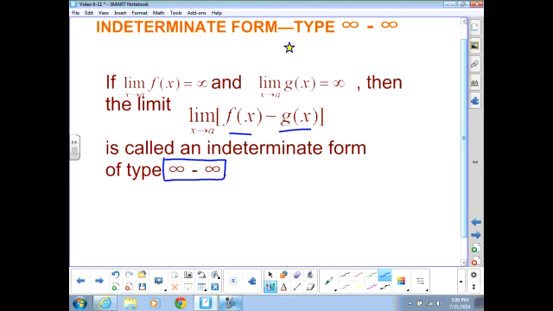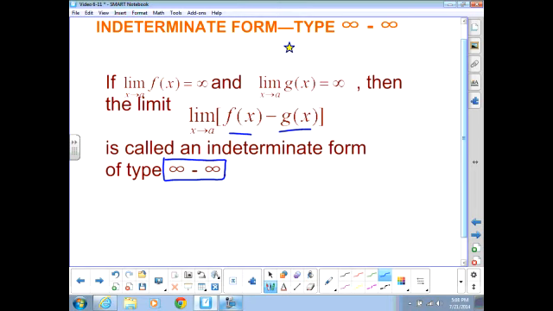Well, the reason that's indeterminate is, again, because we don't know which one goes to infinity faster. If the first one goes to infinity faster, that means the first one will be larger, meaning you'll get back a positive number. If the second one goes to infinity faster, you'll be subtracting a larger number, meaning you'll get back a negative. So which one goes to infinity faster plays a role here.